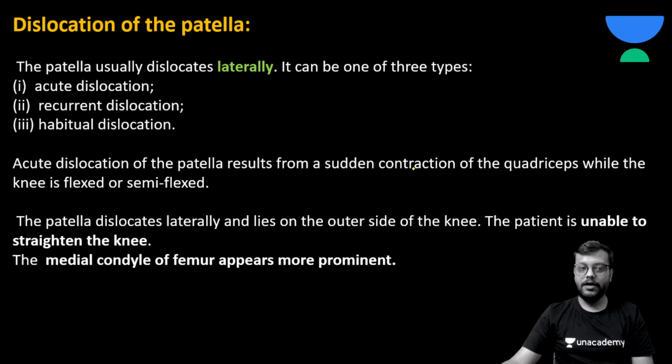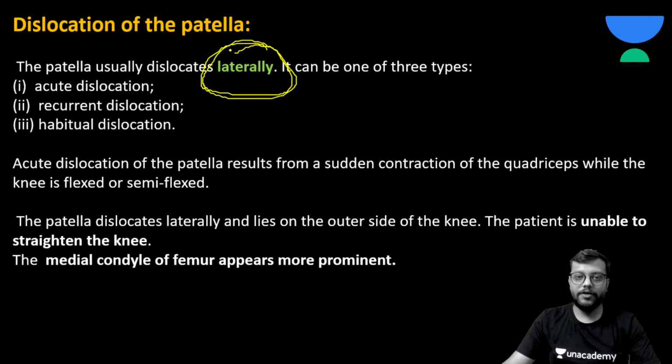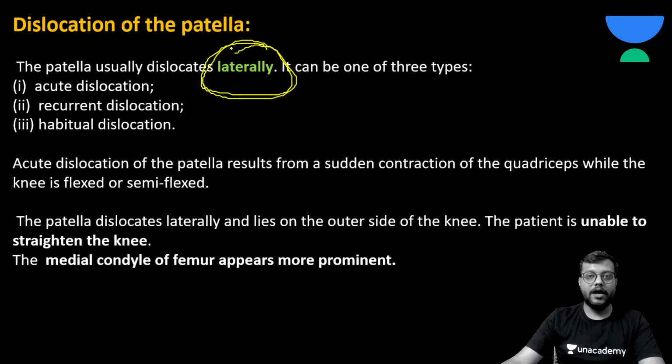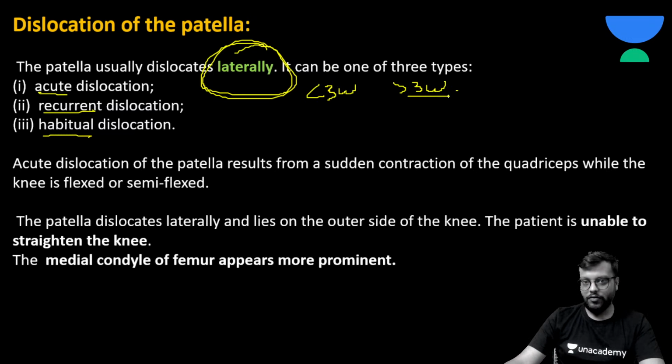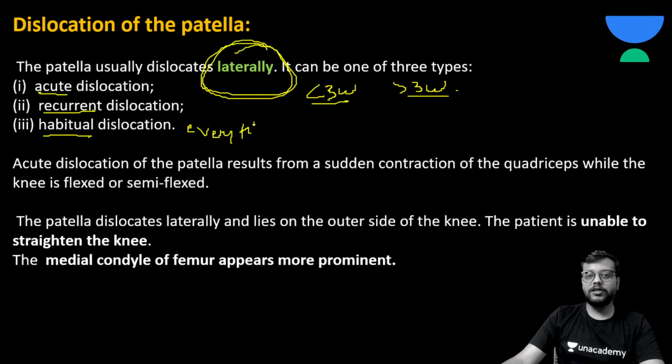First of all, you have to remember that the patella dislocates laterally. Okay, the patella will always dislocate laterally, on the fibular side. And it can be of 3 types: acute, recurrent and habitual. What is acute? Acute is less than 3 weeks, subacute is more than 3 weeks. Recurrent is, especially in the adolescent population, when it happens again and again, it is recurrent. And what is habitual? Habitual is when every time you flex the knee there is dislocation.